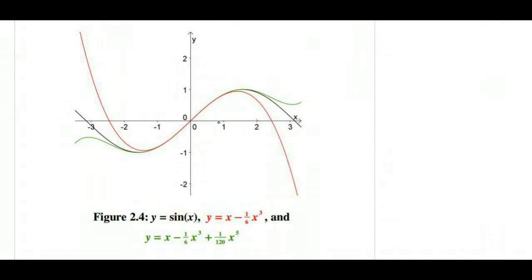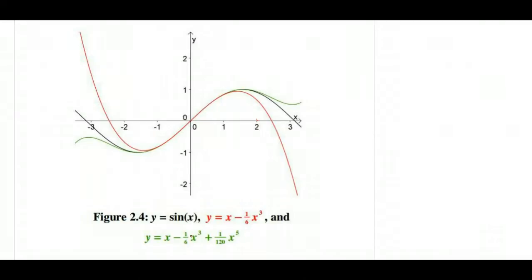So maybe where the cubic sort of broke down at being very accurate around 1.3, now this quintic is hugging it all the way up until maybe a little less than 2, like 1.9, and then over here at negative 1.9. So maybe it seems reasonable to conclude that if I increase the degree of the polynomial I use to approximate the sine function, I may be able to approximate sine further and further away from that original 0 location that I started looking at to begin with.